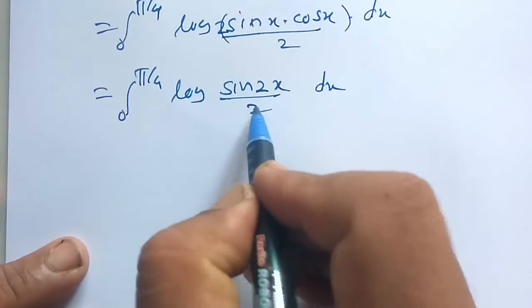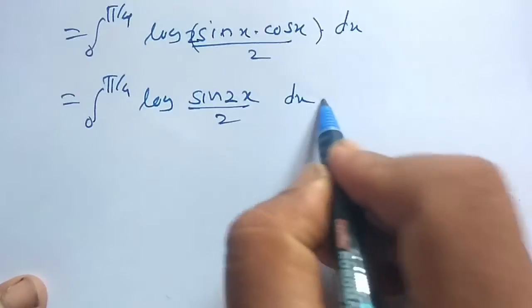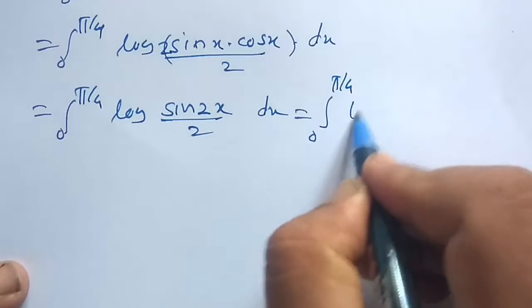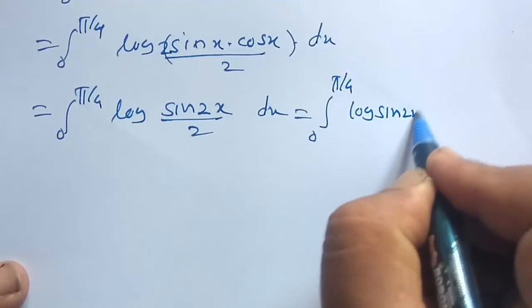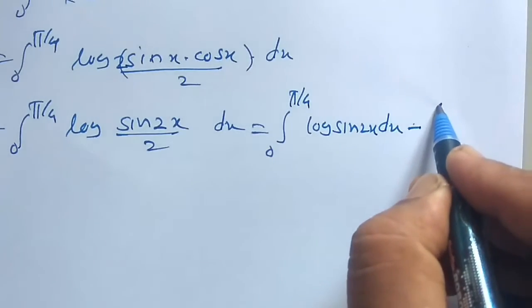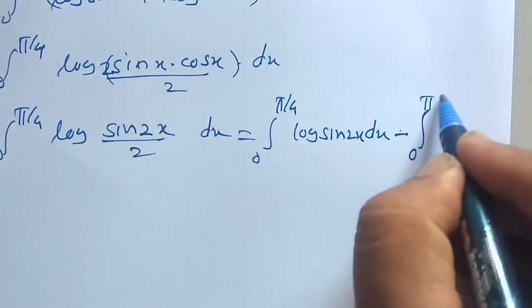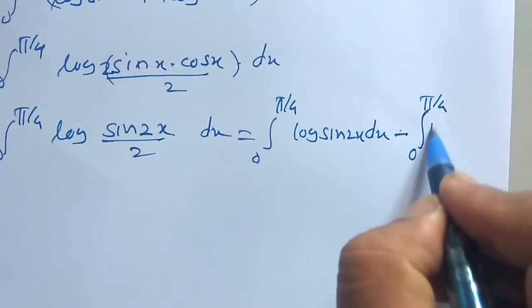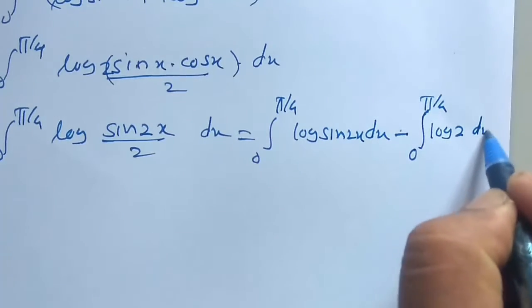Now, log of m upon n is log m minus log n. So this is equal to integral 0 to pi by 4 log of sin of 2x dx minus integral 0 to pi by 4 log of 2 dx.